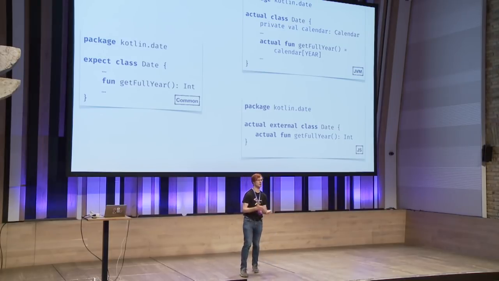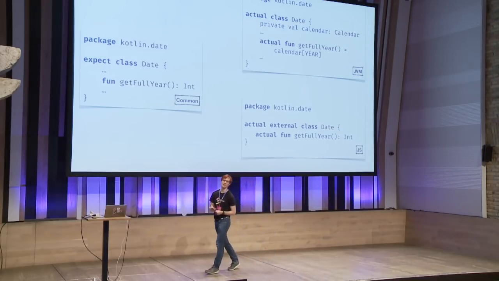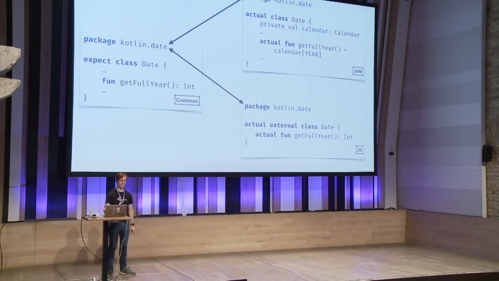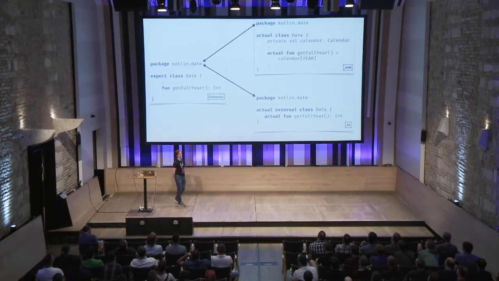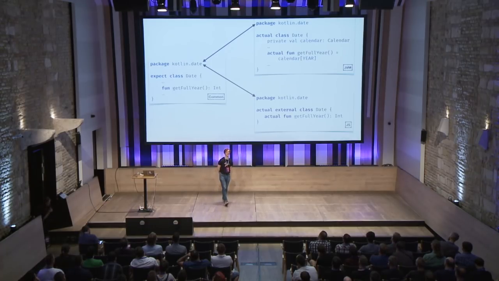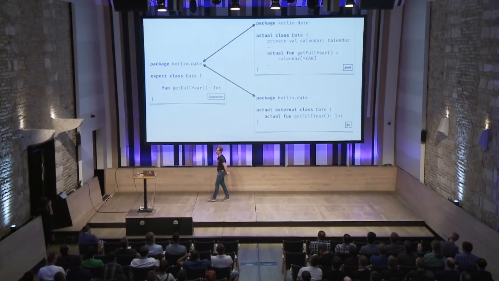And if they do that, then it will just run on the browser by virtue of having these APIs provided by the platform. And the way those things are matched together is by means of the package names. So an actual class not only has to have the same name, it also has to have the same package name as the expect class. So essentially, the common module says that it expects a declaration with the fully qualified name of kotlin.Date to be provided by the platform module.